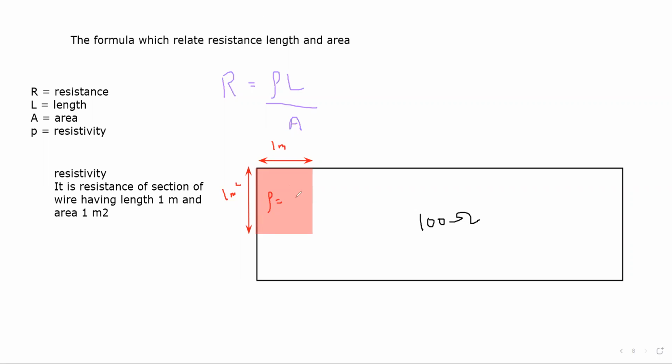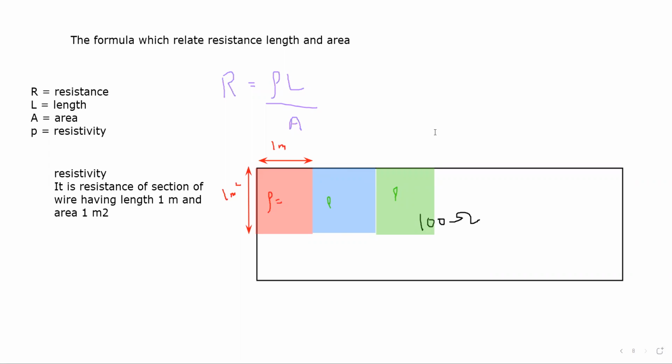Is the concept clear? What is resistivity? Resistance is for the total wire, but resistivity is somewhat similar to density. Every material has a constant resistivity, because every section of length 1 meter and area 1 meter square will have the same resistance, and we call that resistivity.